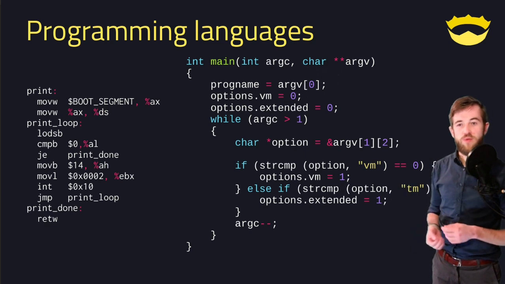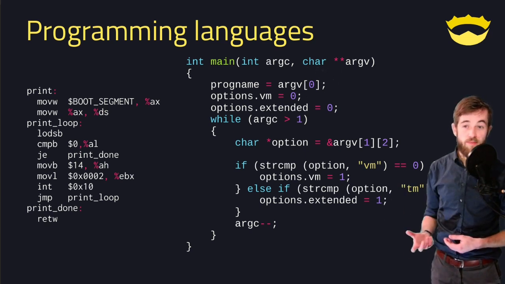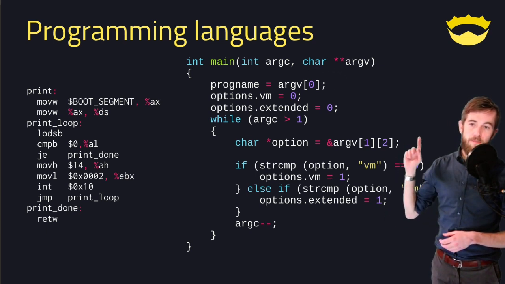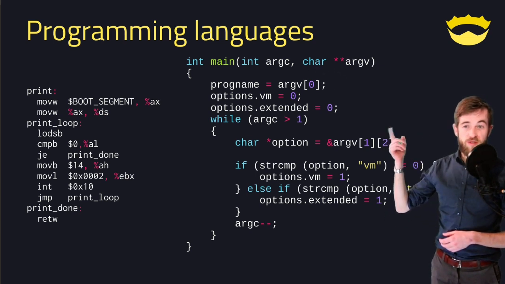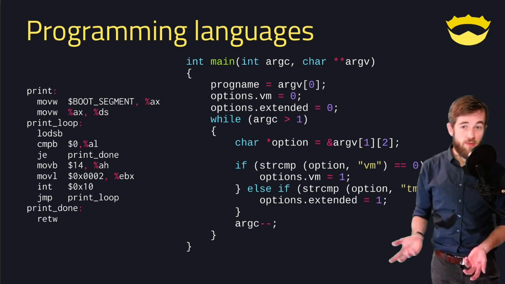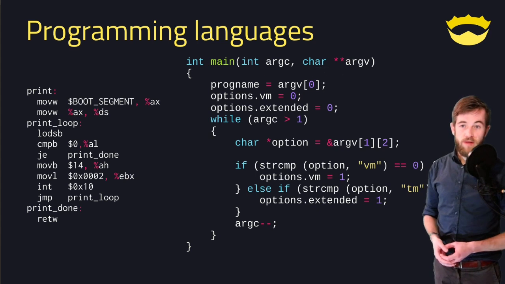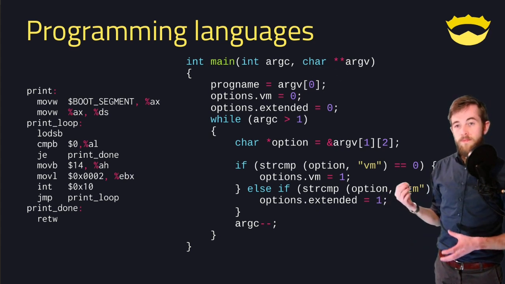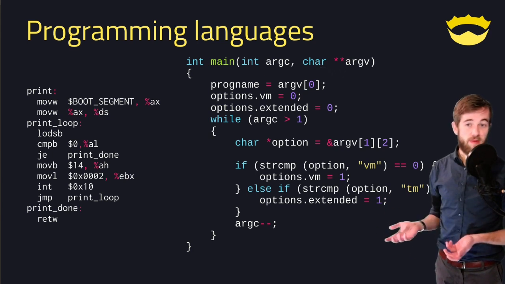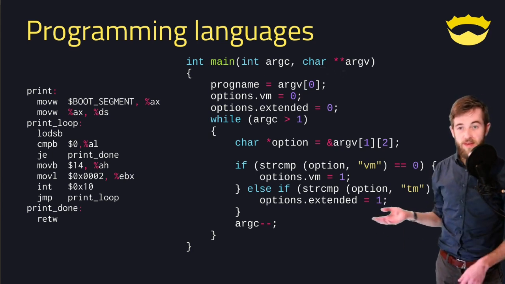We have pointers, we have loops, we have types, although not a very strict type system. We also have calling conventions for functions, which may or may not be optimal for what we want to do, but it allows us to structure our programs in a way that is probably for most of us easier to understand than assembly code.